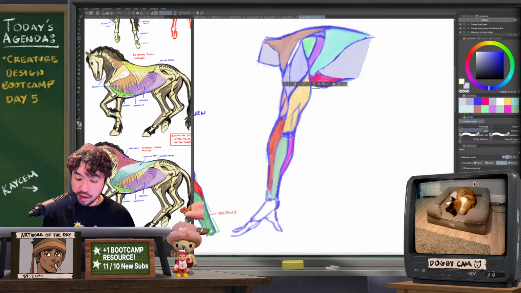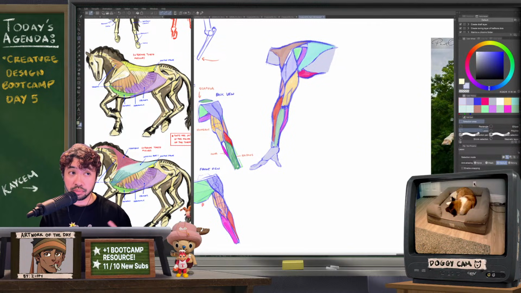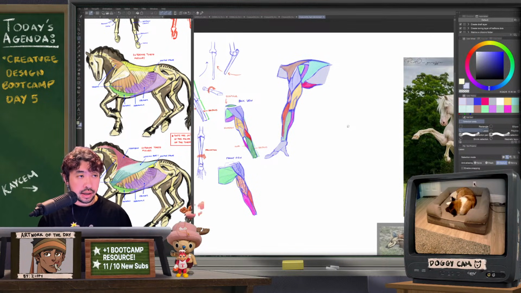The primary quadrupedal animal that we're going to be focusing on is actually going to be the horse, but maybe if we have some time today on stream, we'll talk about other quadrupedal animals like big cats and dogs, because they do change a little bit.